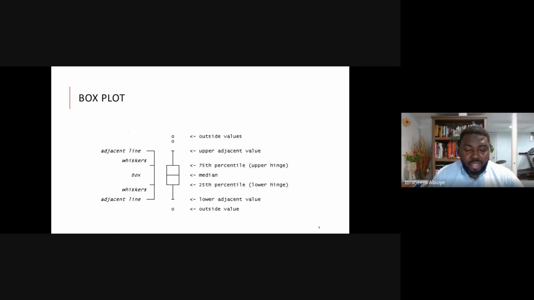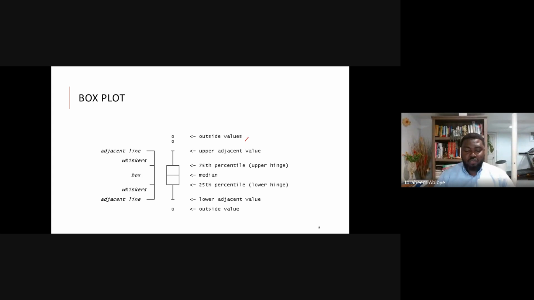The plot that you're looking at here is called the box plot. It is a way by which we represent the distribution of data, and it helps us to identify outliers.